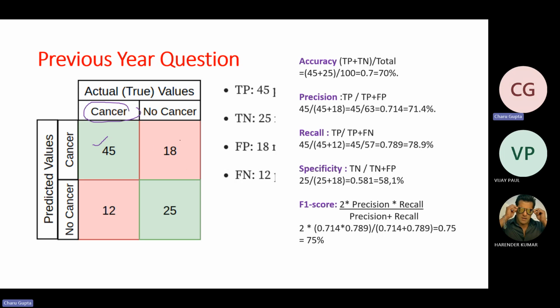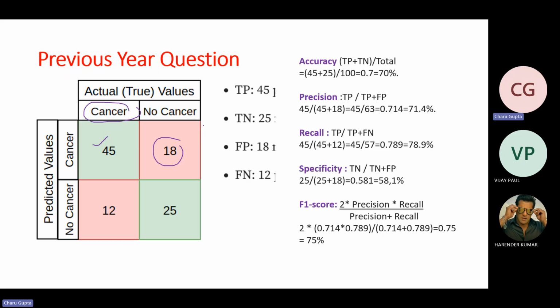Whereas 18 were predicted cancerous, but they were not having cancer. Similarly, 12 were predicted as not having cancer, but they were actually suffering from it. And the green is they were not, the prediction was 25 and actual is also 25.